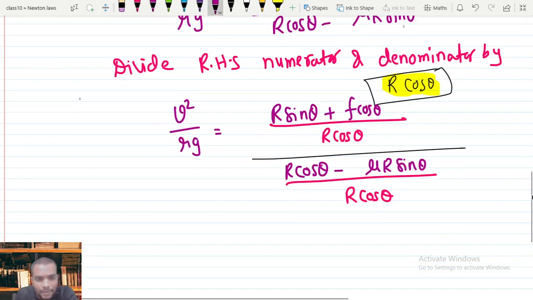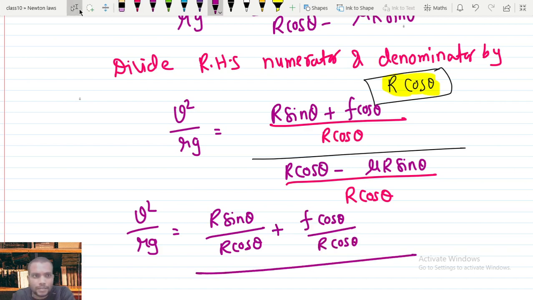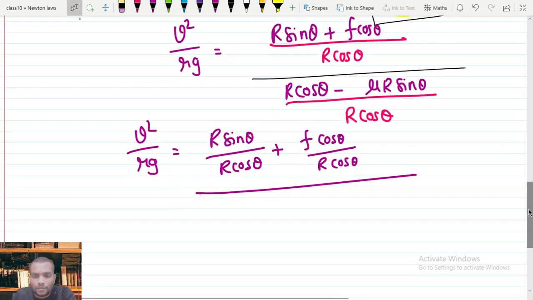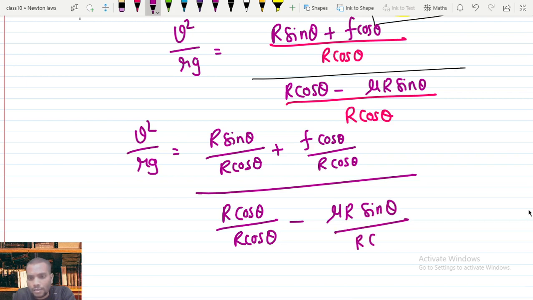So if you write the remaining expression, that equals v square by Rg, which is equal to R sin theta upon R cos theta plus F cos theta upon R cos theta. If you can further split, it becomes R cos theta upon R cos theta minus mu R sin theta upon R cos theta.